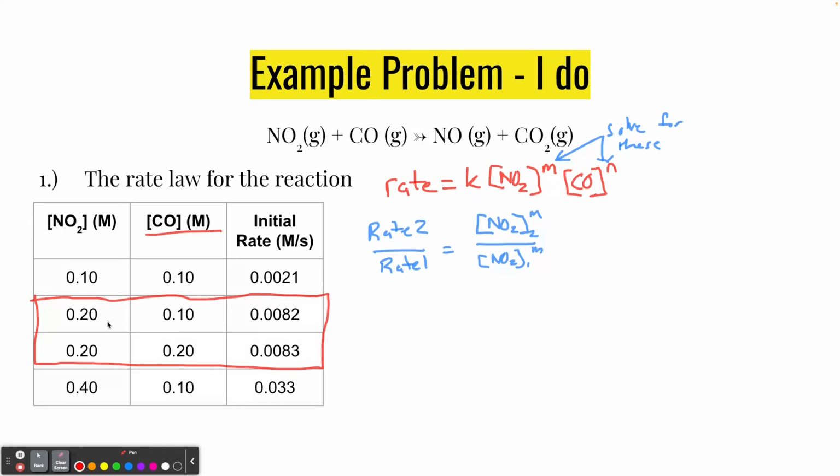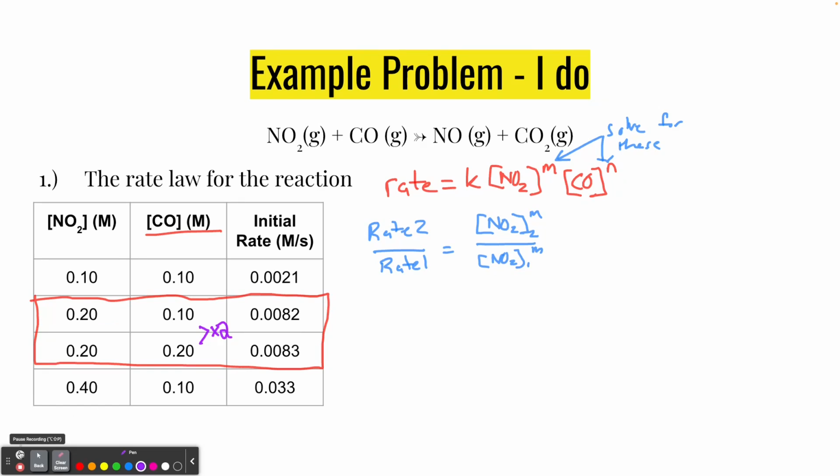This is a good place now to examine the rate of carbon monoxide, because we know NO2 will have no effect on this. Okay, so we're going to look at carbon monoxide here. And if we take a look here, carbon monoxide from trial 2 to trial 3 is going up, the concentration doubled, right? So the concentration of carbon monoxide doubled here, okay?